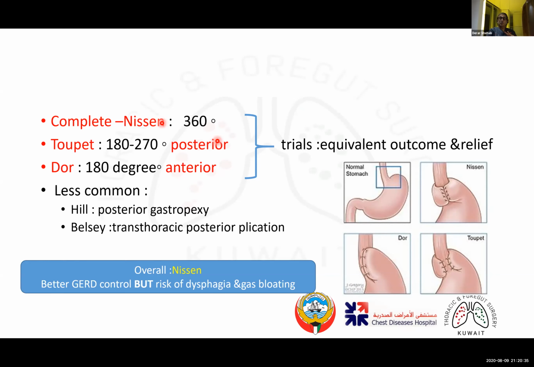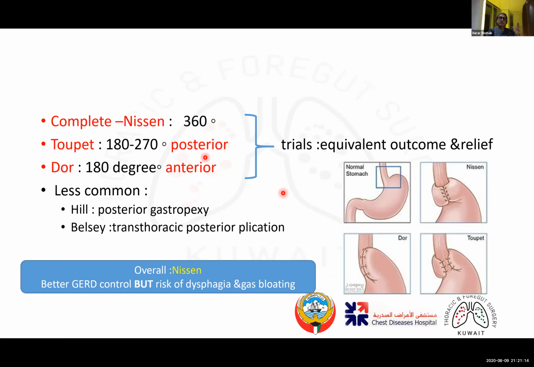For the partial fundoplication, we have two techniques. Toupet fundoplication, in which there's a posterior 270-degree wrap behind the esophagus. Dor fundoplication is a 100-degree wrap anterior to the esophagus. Most of the data basically concludes that these fundoplications have equivalent outcomes and symptom relief.